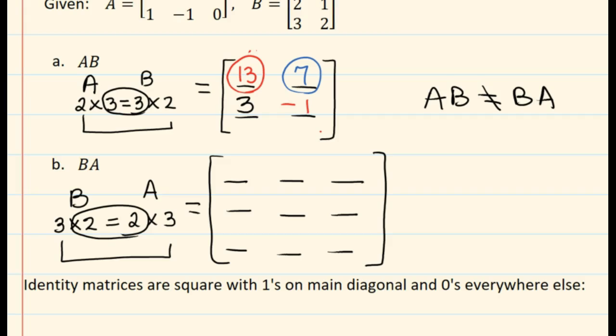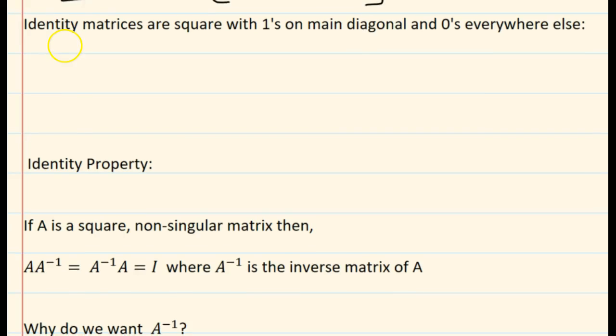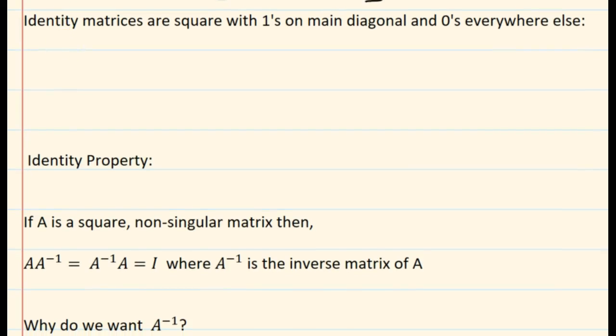Let's go on and talk about the identity matrix. We glanced at that at the very beginning when we were talking about different types of matrices, but now let's talk about identity matrices. First of all, they are square matrices that have 1s on the main diagonal and 0 everywhere else. Let's take a look at some examples.